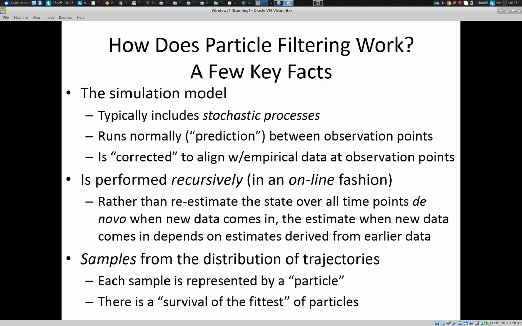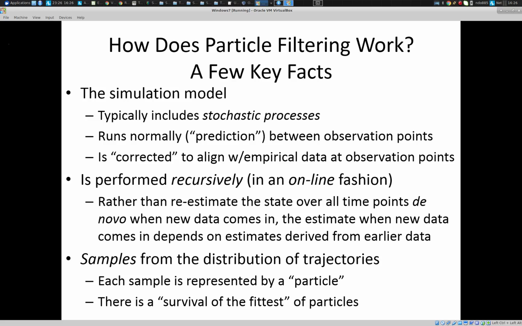So how does particle filtering work? Well, basically here the simulation model includes some stochastic processes involving variability that might occur in, for example, infection rates, contact patterns, contact rates, fraction of reported incidents.